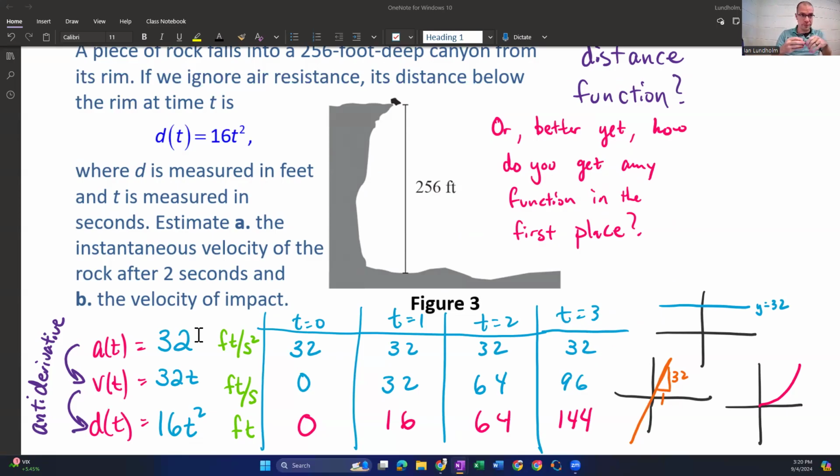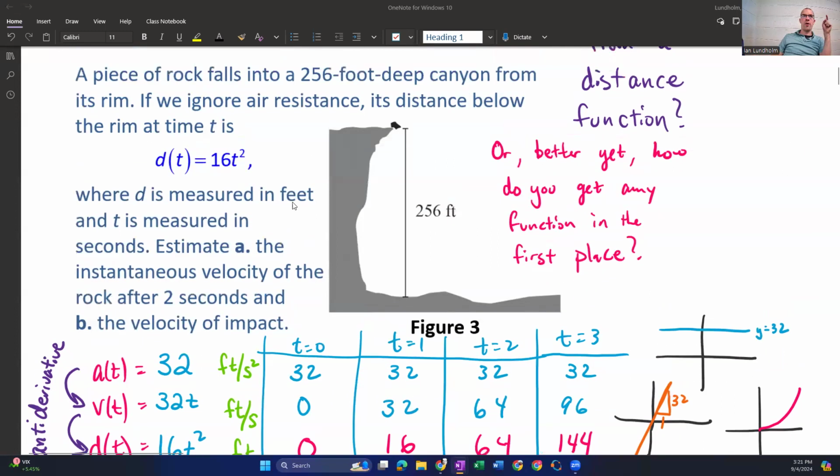Velocity is the rate of change of distance, and acceleration is the rate of change of velocity. So there's cool relationships to be studied here, and this 16t squared was not just pulled out of midair.